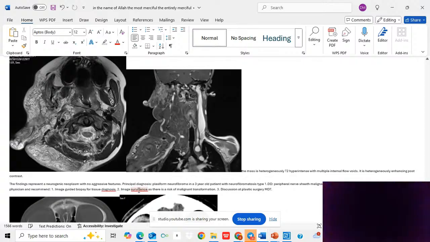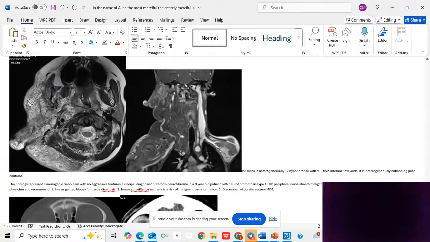The second thing, image surveillance, as there is a risk of malignant transformation of these lesions. So you need to first diagnose by image guided biopsy.